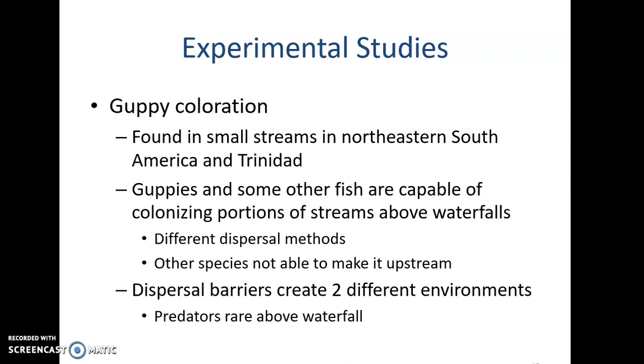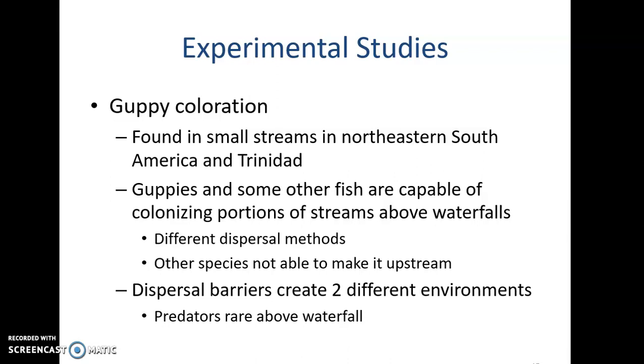So this waterfall is a dispersal barrier that's creating two different environments, an environment above the waterfall and an environment below the waterfall with two different assemblages of species. Most notably, predators are rare above the waterfall.